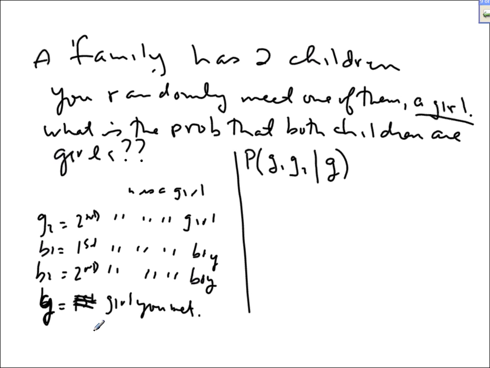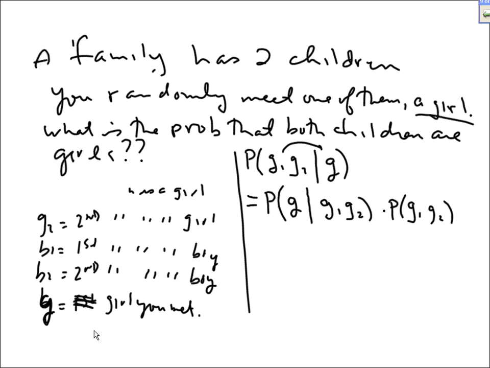If you can do this problem directly, go for it. If you can't do it directly, you think Bayes' theorem. You say, you know what? I'm going to interchange these. The probability of girl given G1, G2, of course, times the probability of G1, G2.